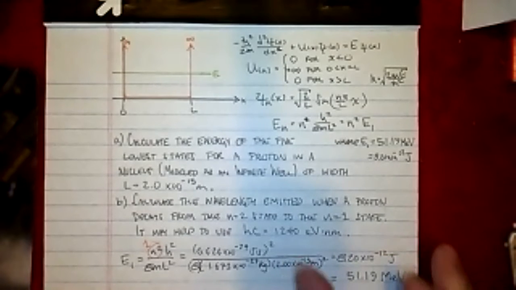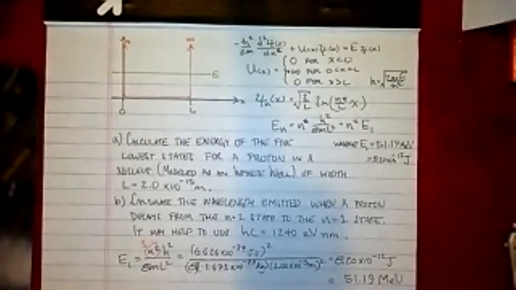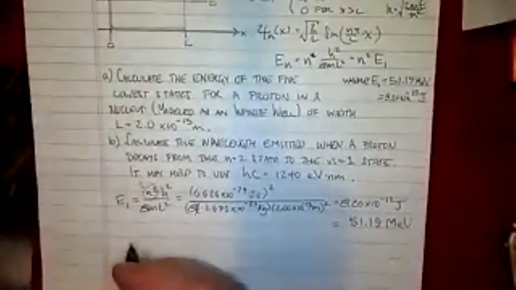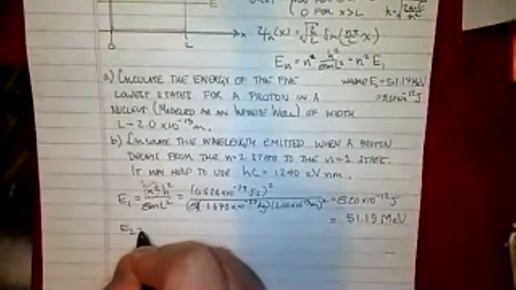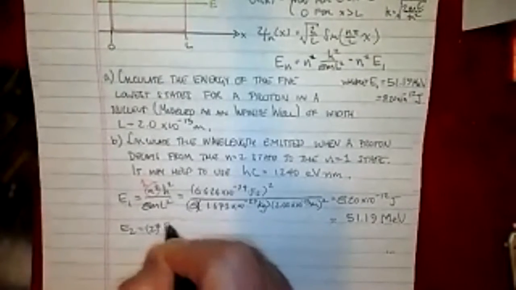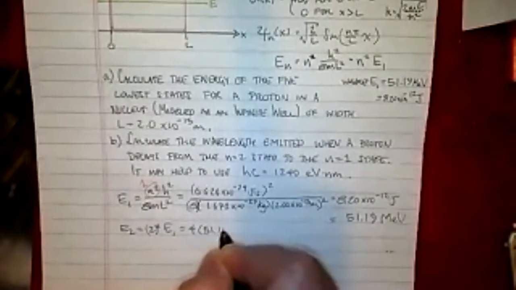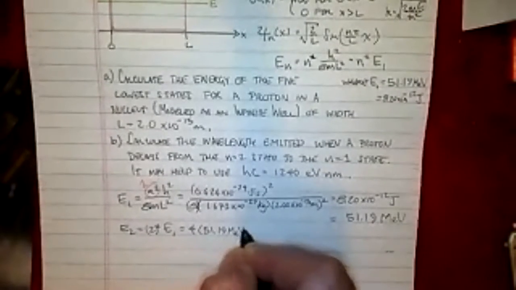Okay. Now, since the energy goes like n squared times E1, we can then say E2 is equal to 2 squared times E1, which is 4 times 51.19 MeV.